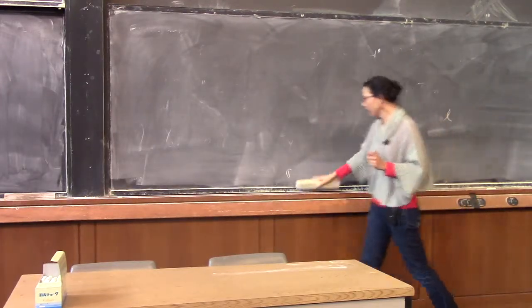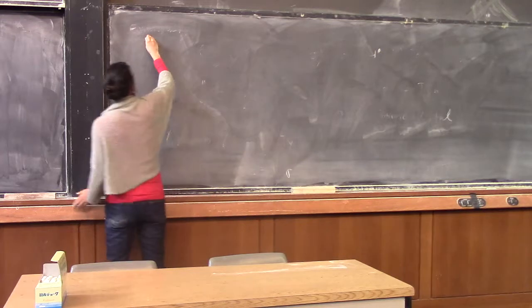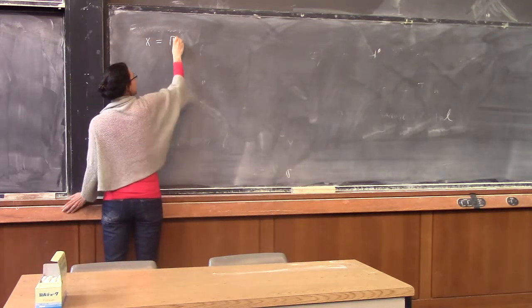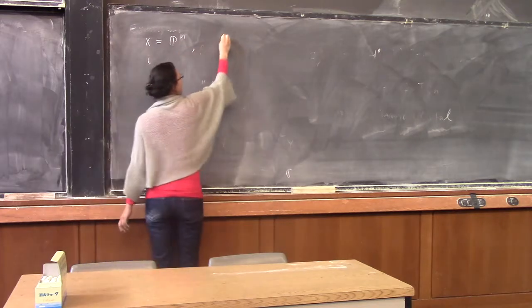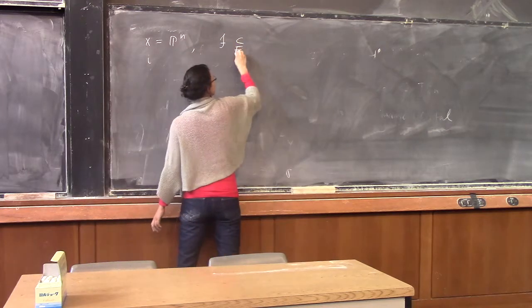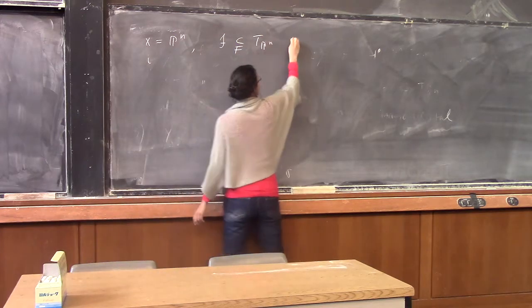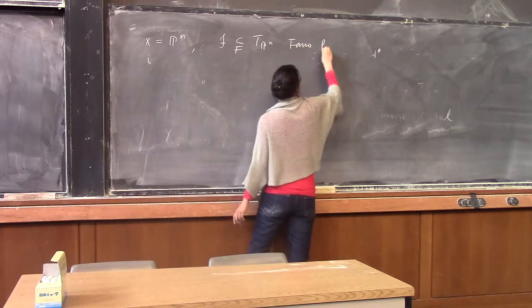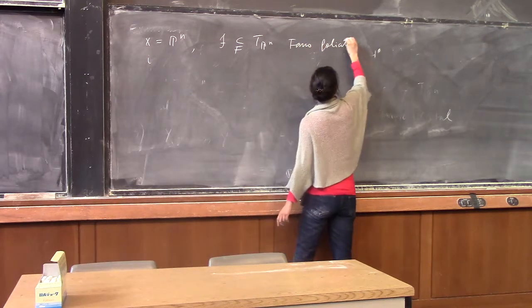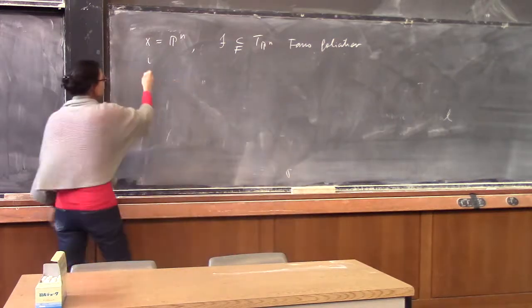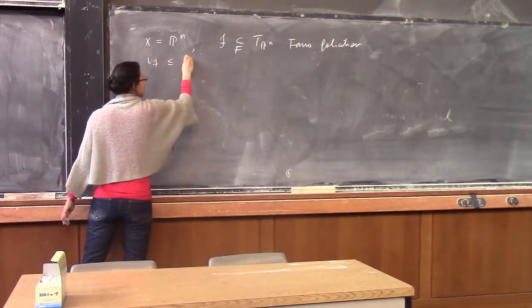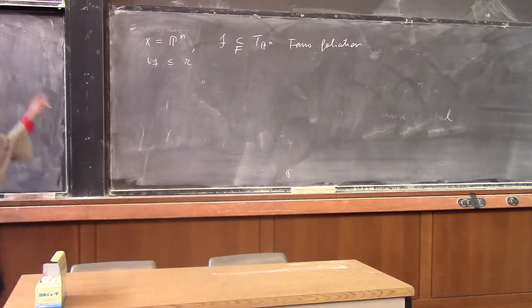So again, here we are in the case when X is Pn, and F is a foliation in Pn. And we have just seen from Bott's formula that the index has to be at most equal to the rank. Now this extreme case has been classified.